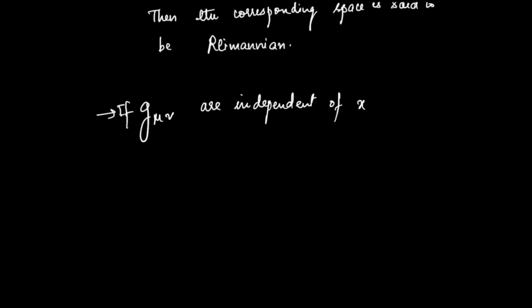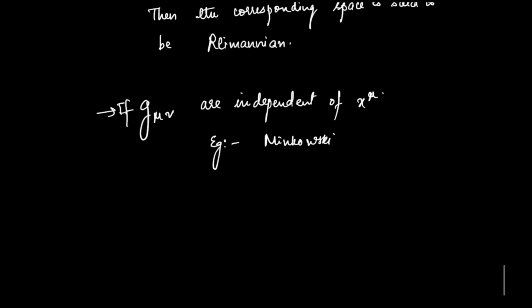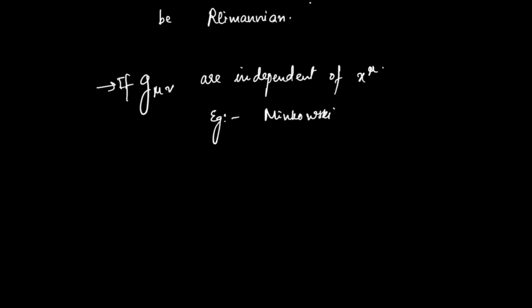Now, if all the elements of g mu nu are independent of x mu, for example, Minkowski space, then g mu nu will have only the diagonal elements: 1, minus 1, minus 1, minus 1, and all the other elements will be 0.